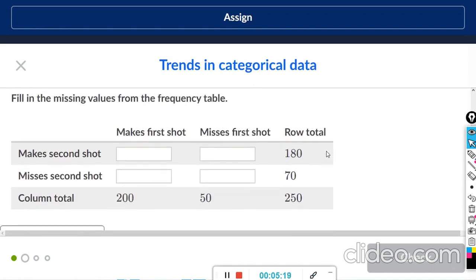All right. So since the events are independent, first of all, we have the row totals and the column totals. Since the events are independent, the probability here should match the probabilities here as well, here and here. So let's see. The probability that he makes the second shot is going to be 180 out of 250.